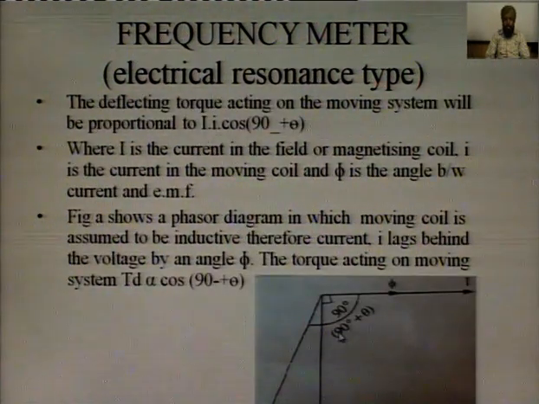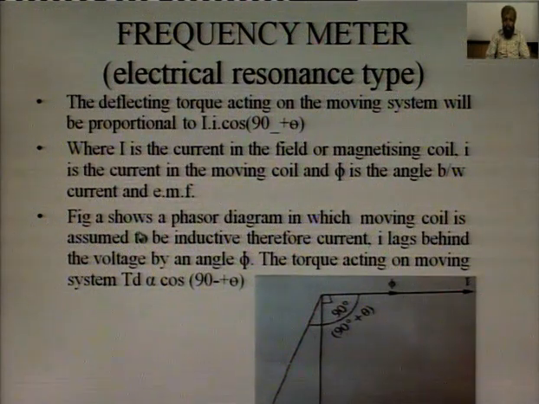The deflecting torque acting on the moving system will be proportional to I small i cos(90 ± θ), where I is the current in the field or magnetizing coil, small i is the current in the moving coil, and phi is the angle between current and EMF.